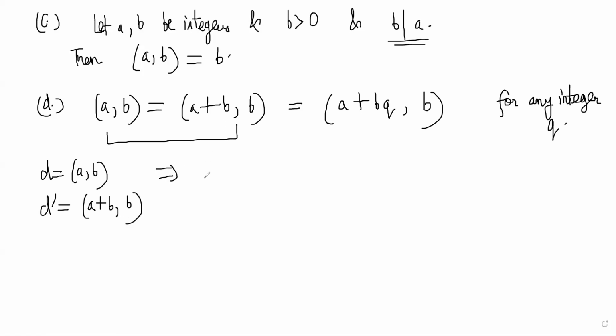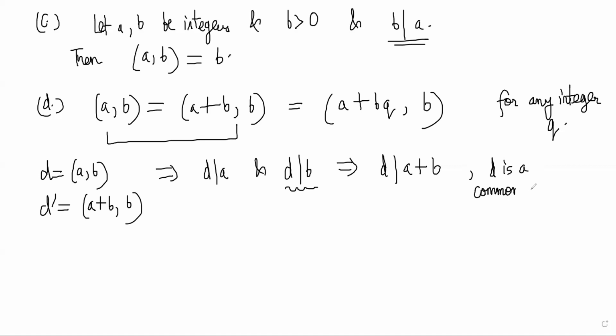Now from here we know that D divides A and D divides B, right? So from the fact that D divides both of them, D should divide A plus B, right? So D divides A plus B now, and we know that D already divides B. So this implies that D is a common divisor of A plus B and B, right?